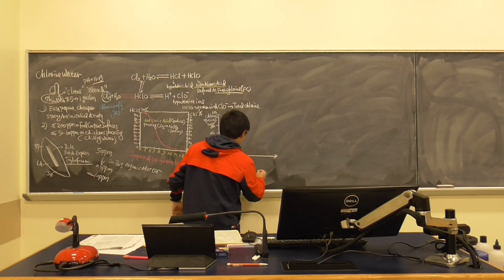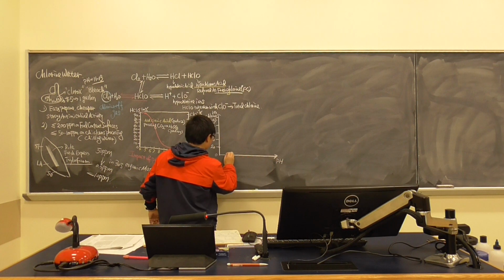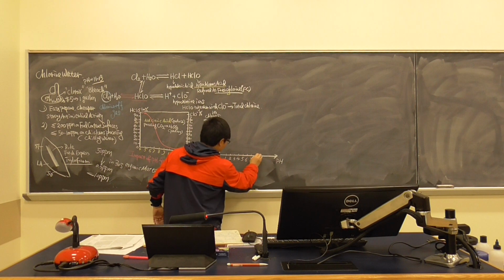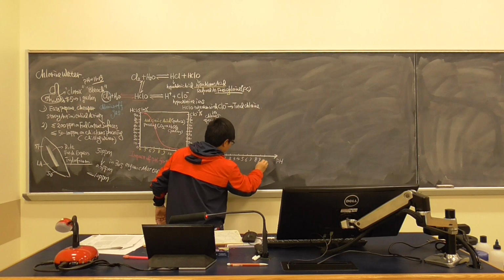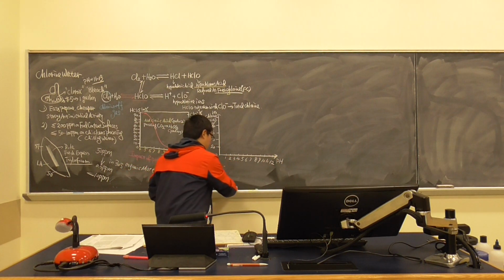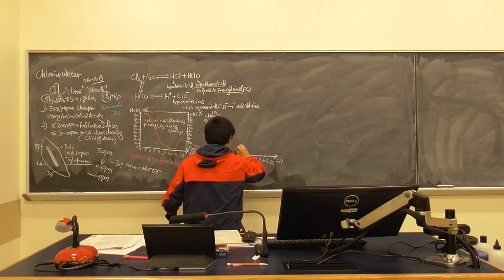And the x-axis is still the pH, but this time we're going to do 1, 2, 3, 4, 5, 6, 7, 8, 9, 10, 11, 12. What's the curve going to look like? It's very interesting.